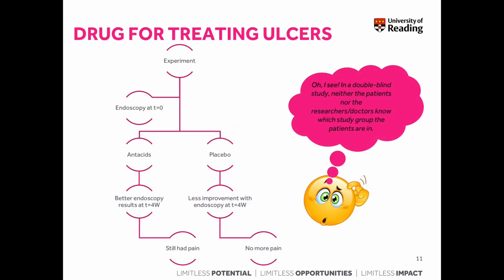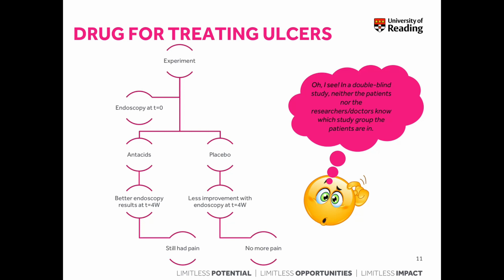Now here's another study that illustrates the complexity of people's reaction to health and illness. Now imagine this study looked at the effectiveness of high-dose antacids for treating stomach ulcers. All of the participants were examined with an endoscope at the start and end of this 4-week study.